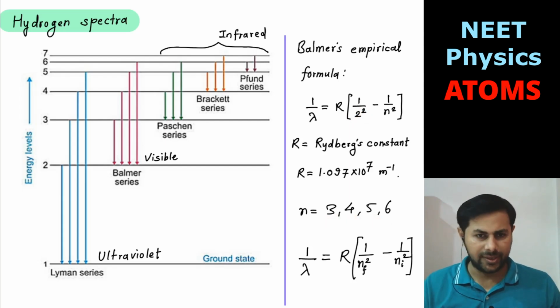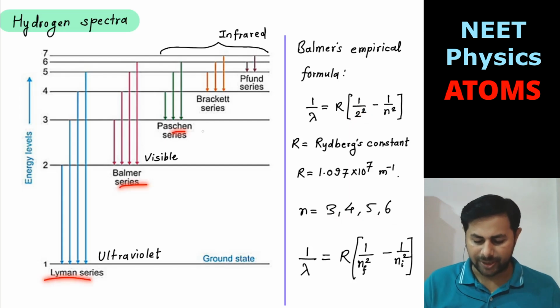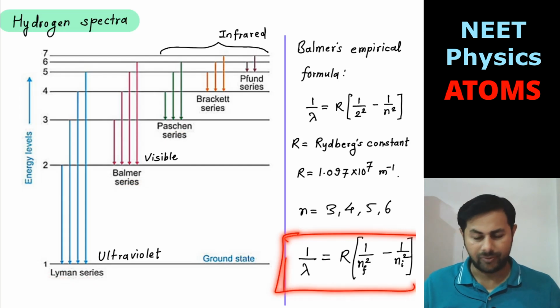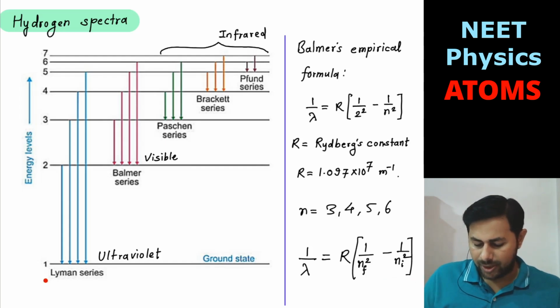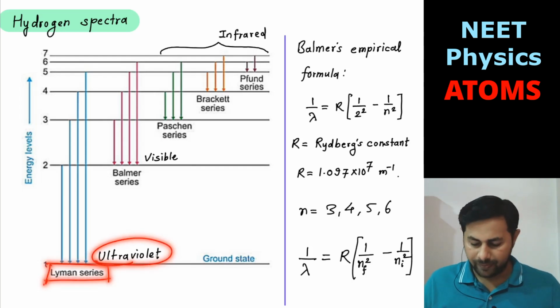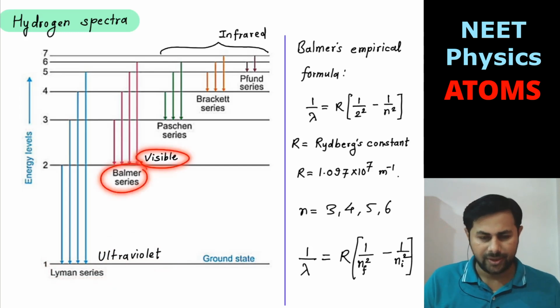And all other series, that is the Lyman series, Balmer series, Paschen series, etc., can be explained using Bohr's formula. 1 by lambda is equal to R multiplied by 1 by nf square minus 1 by ni square, right? Now we also need to remember that the Lyman series lies in the ultraviolet region, and the Balmer series lies in the visible region.